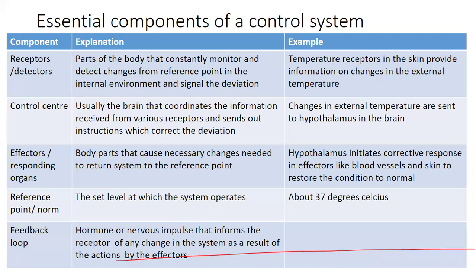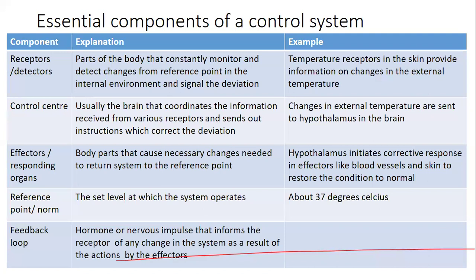These detectors could be nervous in nature. For instance, we are able to detect the change in environmental temperature because our skin has thermoreceptors. The skin has thermoreceptors that will tell that the environment around you is changing, and therefore this information is sent to a control center.